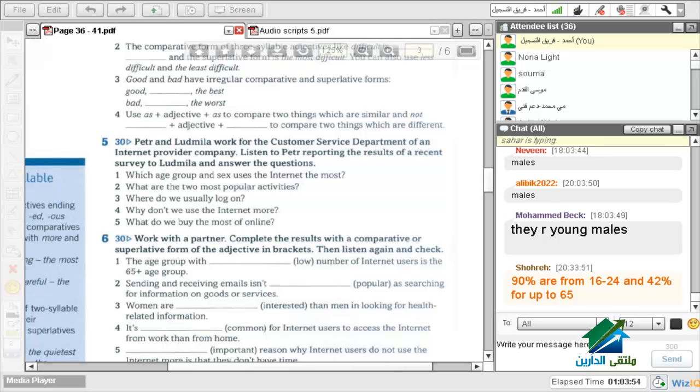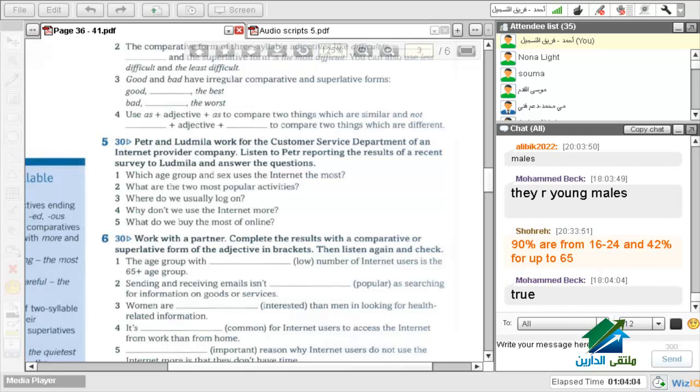And actually it's 16 to 24. This age group, 16 to 24 age group. Not 18. Where the percentage in the 65 plus age group is only 24%. Okay.